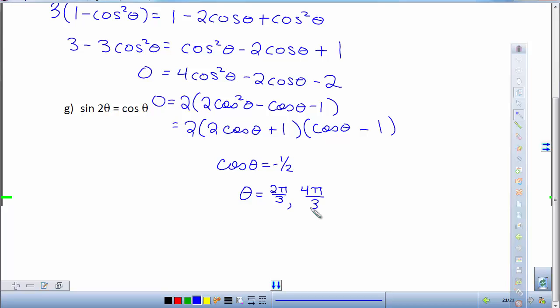Okay, and then also we had cosine theta equals 1. That happens where? Where's cosine theta equal to 1? Either 0 or 2 pi, depending on which one is included. So let's just say 0. It just depends on what the instructions in the problem said, that'll get us there.